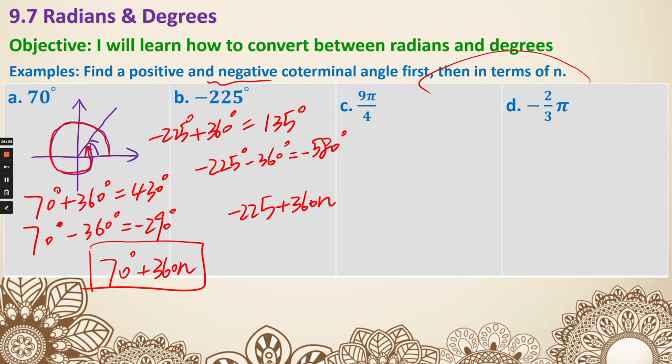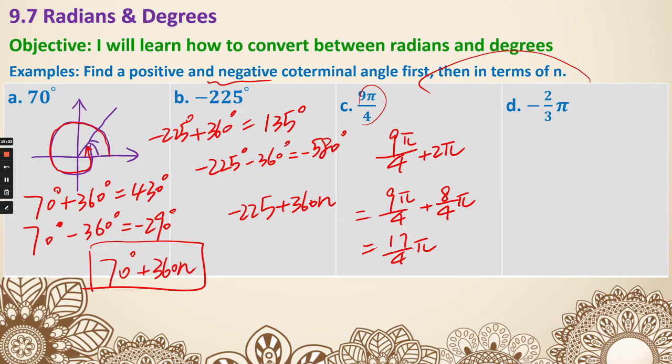Next, if one cycle of 360 degrees is how we generate coterminal angles, that means if we change into radians, we just need 2 pi. So in this case, in radians, we're adding 2 pi or subtracting 2 pi from 9 pi over 4. If we add 2 pi, that's 9 pi over 4 plus 8 over 4 pi, which is going to be 17 over 4 pi.